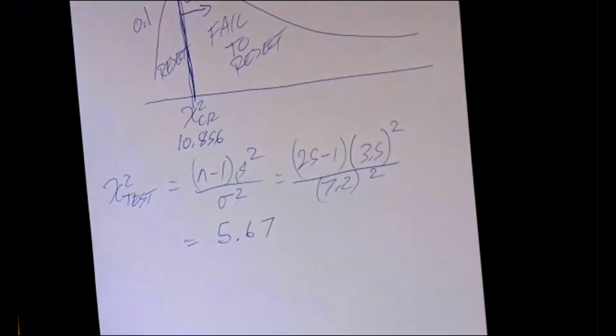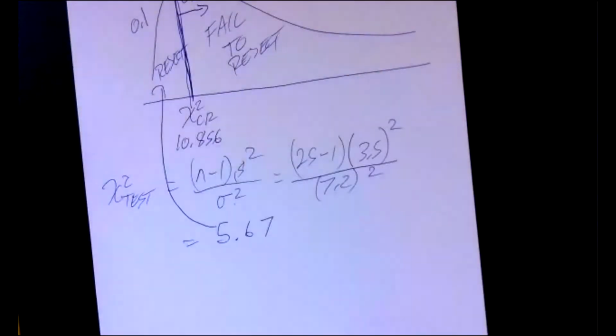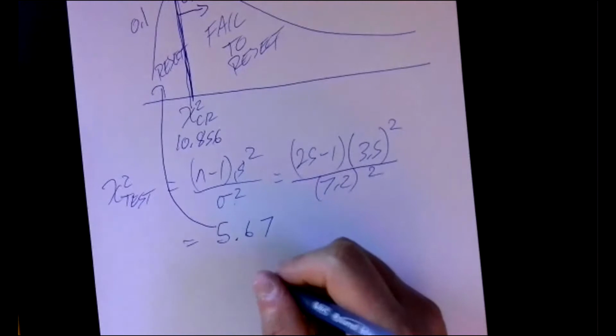The test statistic is 5.67. That is smaller than 10.8. So we reject the null hypothesis. Decision: reject the null hypothesis.